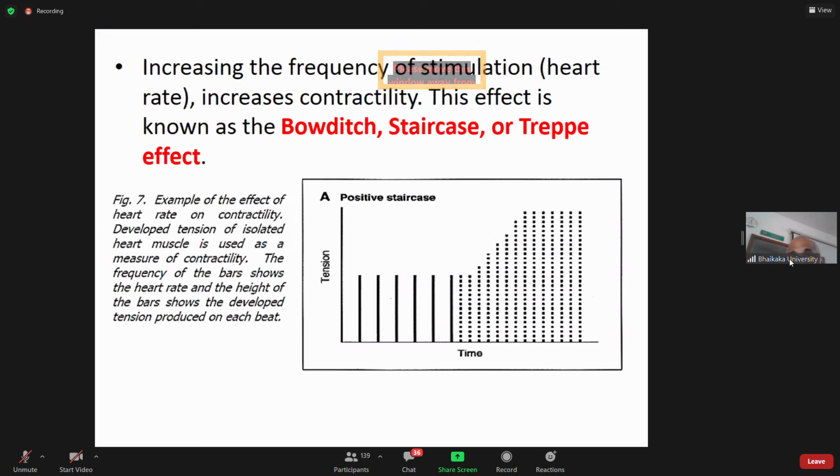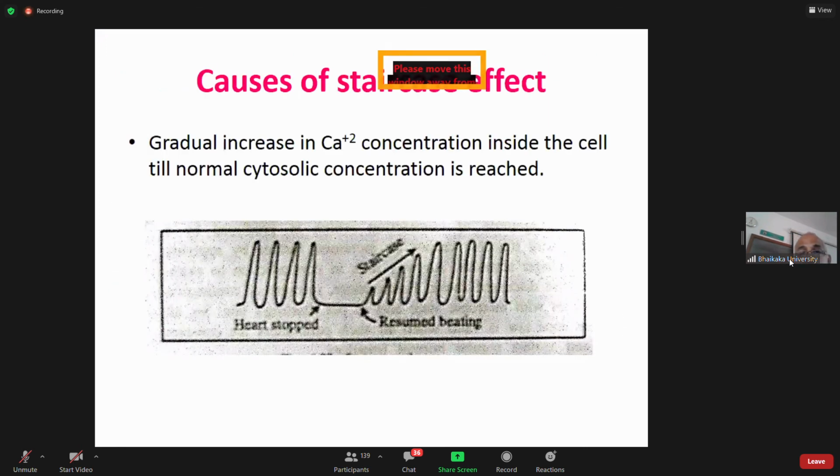If you increase the frequency of stimulation after an asystole, there will be a gradual increase in the force of contraction. Then it will reach a plateau phase. This phenomenon is called Bowditch phenomenon, or treppe phenomenon, or staircase phenomenon. This is because of gradual increase in calcium ion concentration inside the cell after an asystole.